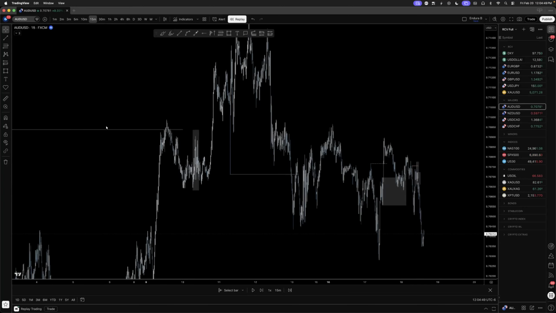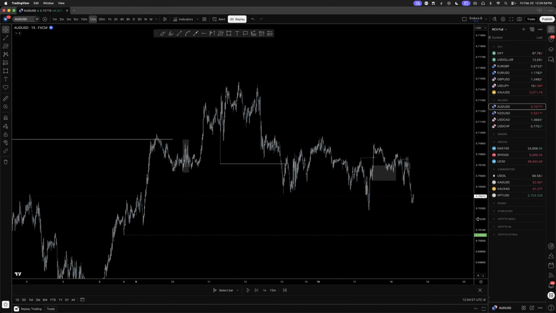So if we sweep an external high, right, and then we obviously have a break of structure here. Why is this break of structure important? Because very clearly you can see this is the last low that led into a high, right? So this is the final low that led into the last high.